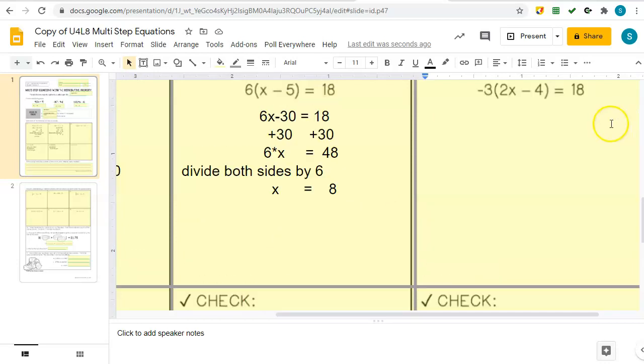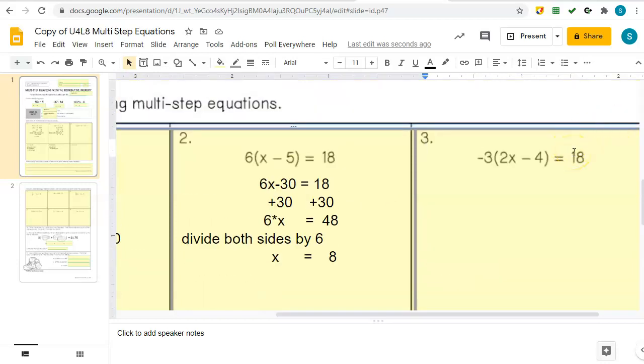Okay, first thing we need to do is distribute. Note we've got a negative sign to distribute, so we're going to have negative 6x. And then a negative times a negative is a positive, so we're going to get plus 12 equals 18. Okay, we're going to subtract 12 from both sides.